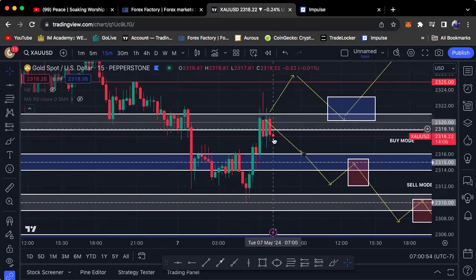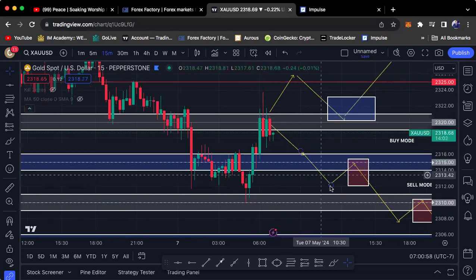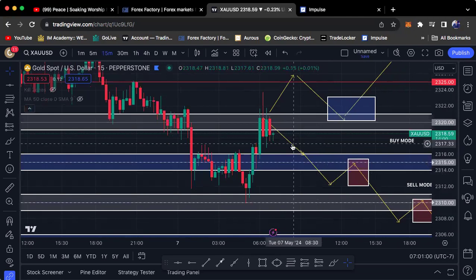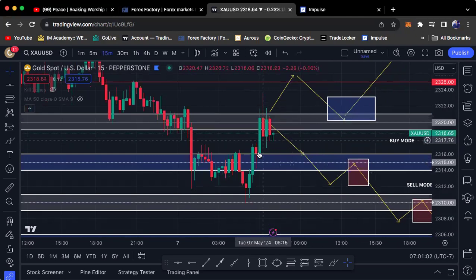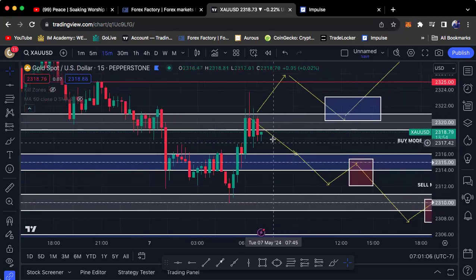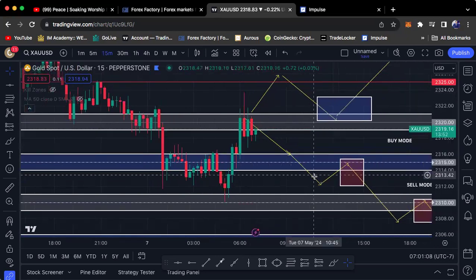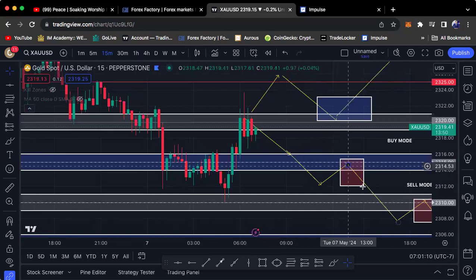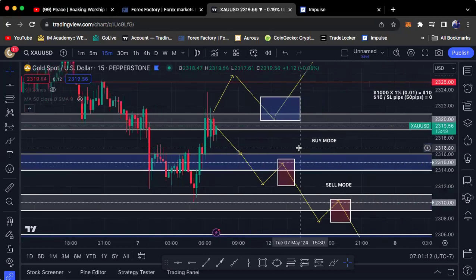Guys, I'm not taking a trade here. I'm waiting for this next break of structure right here. I'm waiting for it to break below this internal zone. Retest, boom, right all the way down.